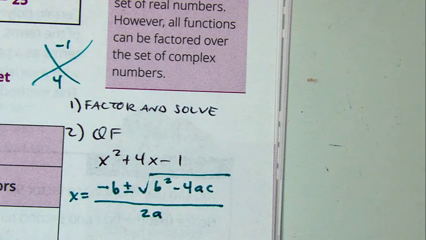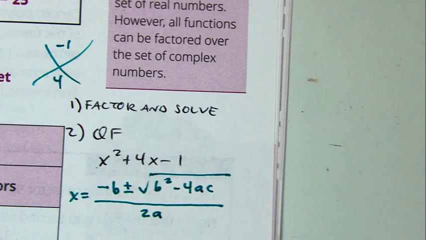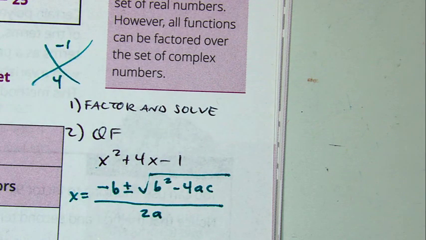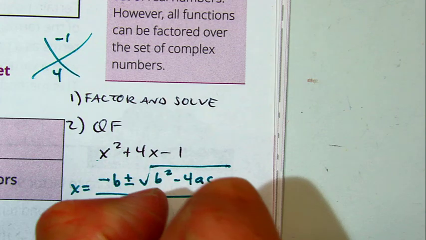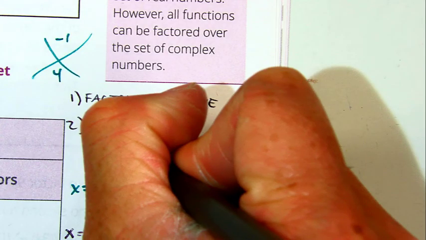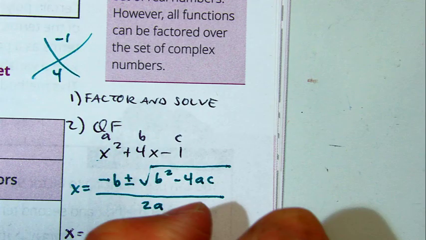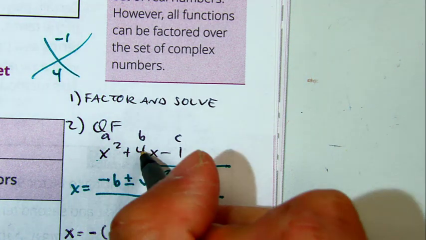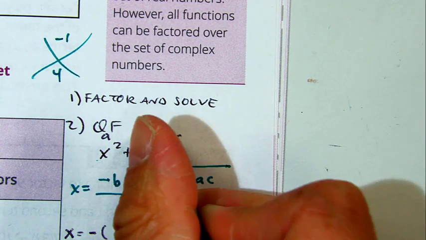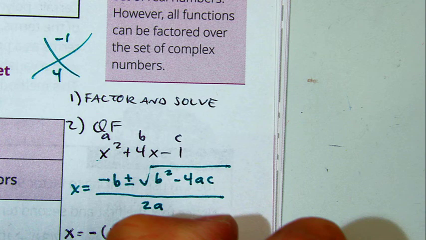Alright, next thing I'm going to do is my substitutions. Cynthia, what is your B value? So there's my A, B, and C. Notice how when I do a substitution, I'm using parentheses. So B is 4, and I'm putting it inside the parentheses.